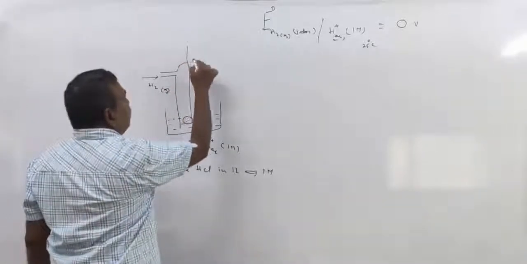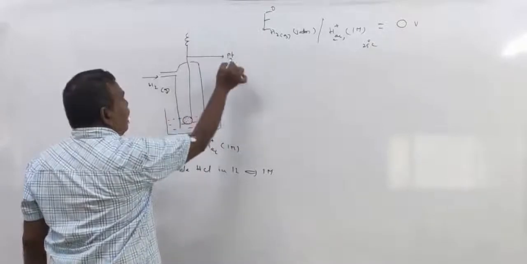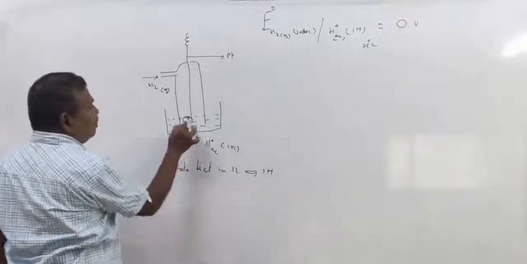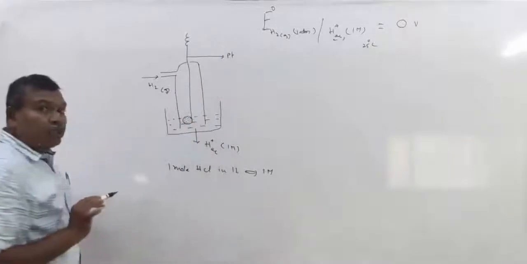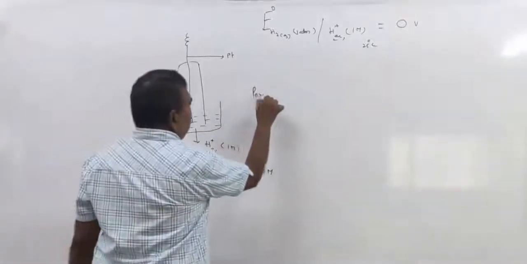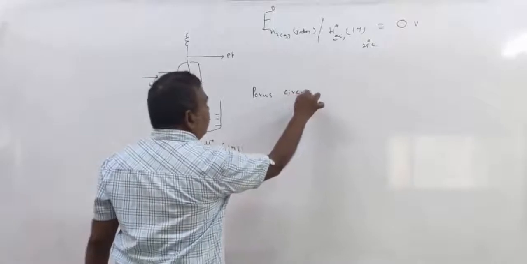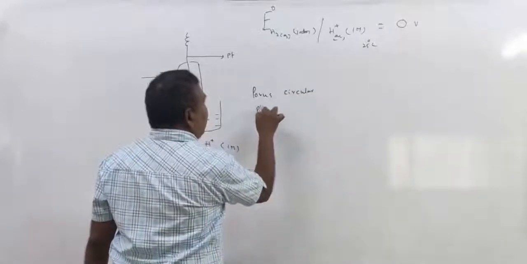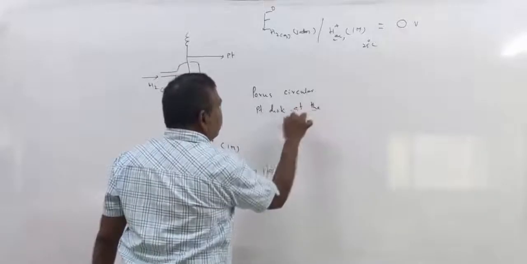So remember, this is platinum wire having a circular disc at the bottom, which is porous.